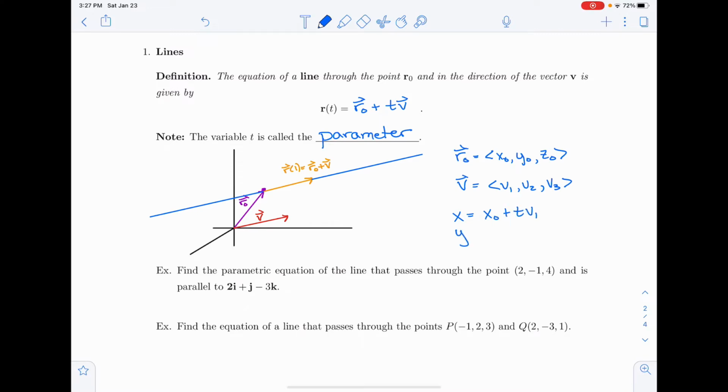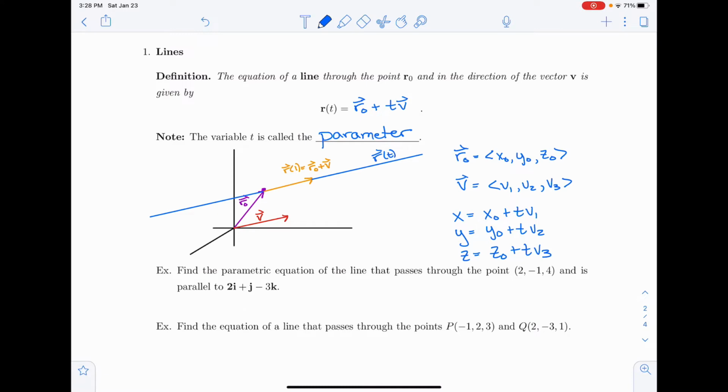There's a y equation, y equals y0 plus tv2. And then there's an equation, z equals z0 plus tv3. So we can write this as a vector equation for r of t, which of course is this line here. Or we can write it as 3 equations for the x, y, and z coordinates of that line.